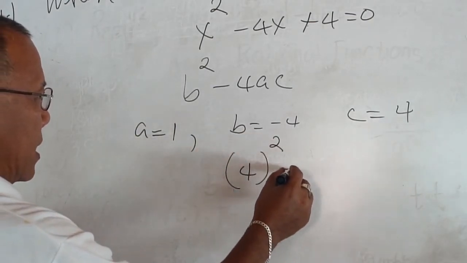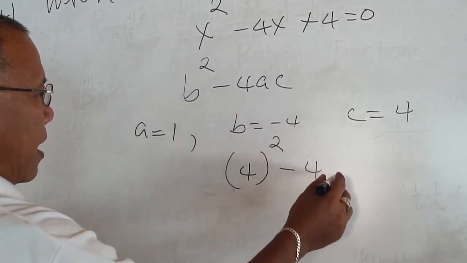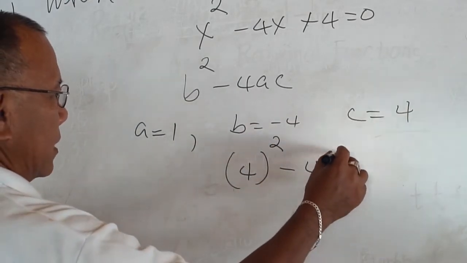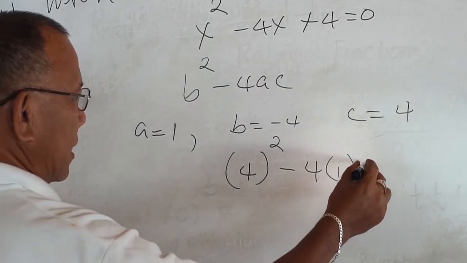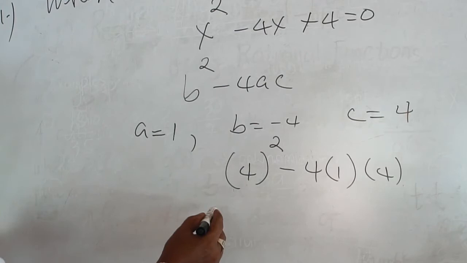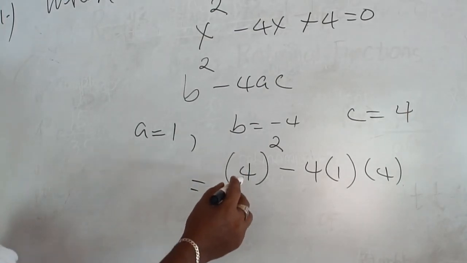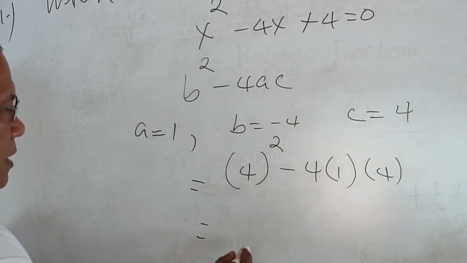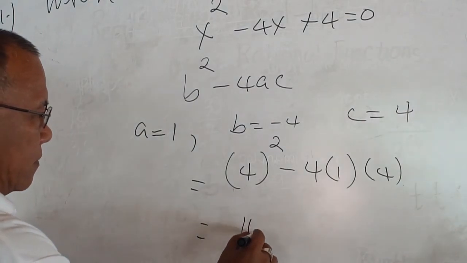We have negative 4 squared minus 4, then the value of a is 1 and the value of c is 4. Then simplify. The square of negative 4 is 16.